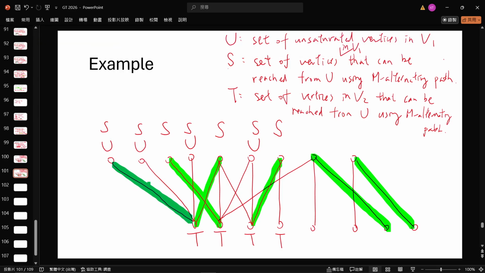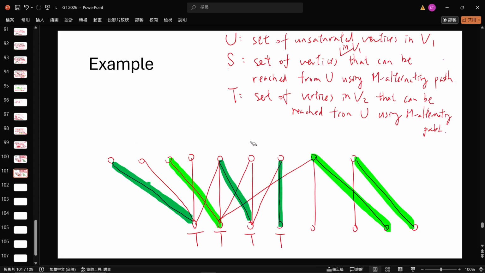This one is added to the matching, this one is removed, this one is added to the matching, this one is removed, and this is in the matching. So this will be the new matching, constructed based on the original matching M and the M augmenting path.